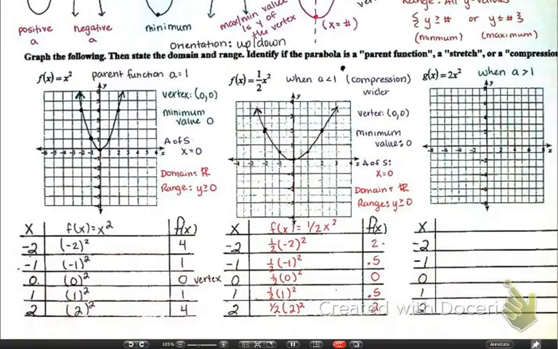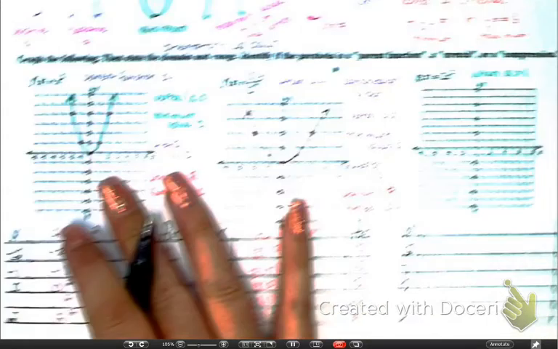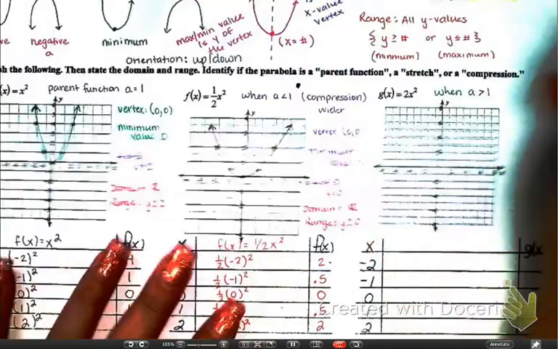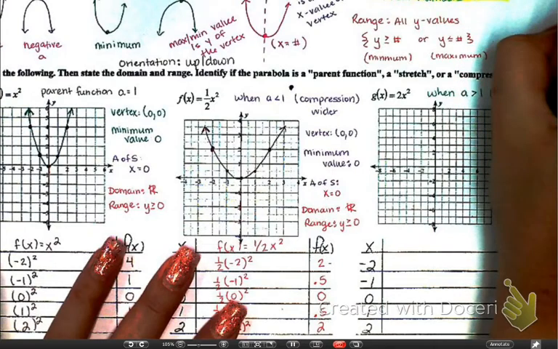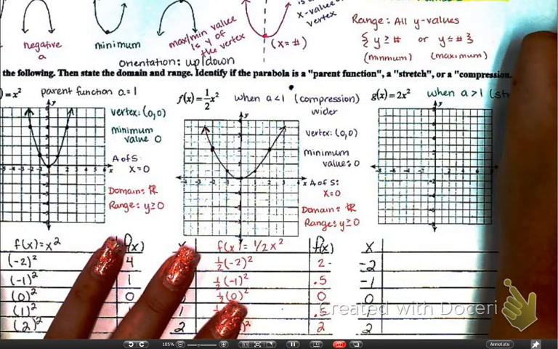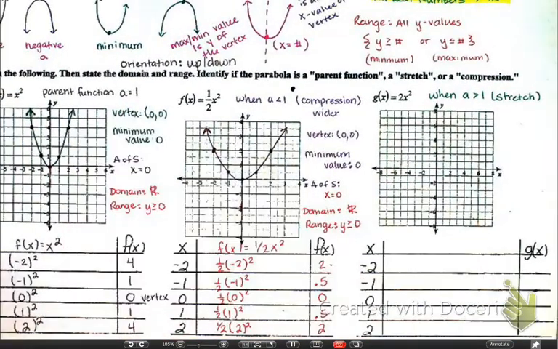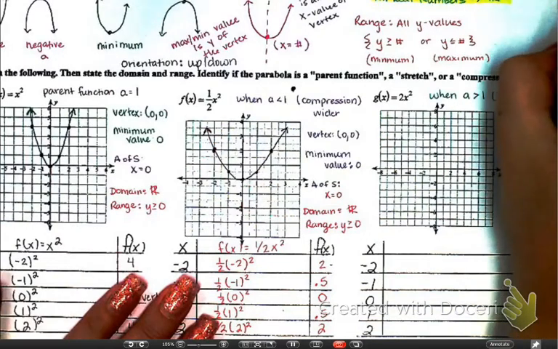So if a is greater than 1, we're going to have a stretch. So if I take my initial graph and I stretch it up, what's going to happen? It's going to get skinnier. Right? I want to stretch too.